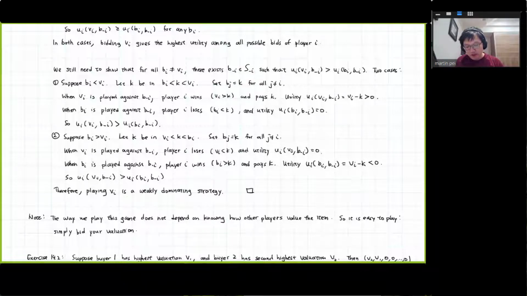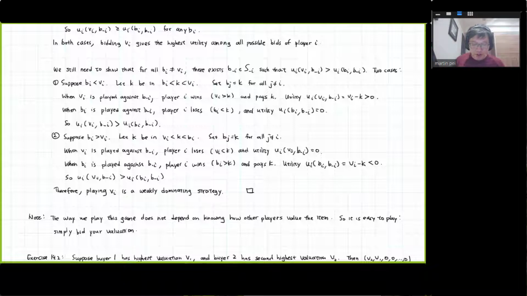It's very similar. If you bid VI, you don't win, so the utility is 0. If you bid BI, however, you do win, but you pay the second price, which is K, which is strictly greater than your valuation VI. So your utility is actually negative. You pay more than what you value the item at.